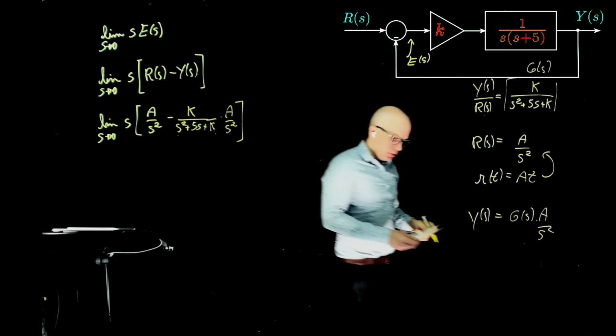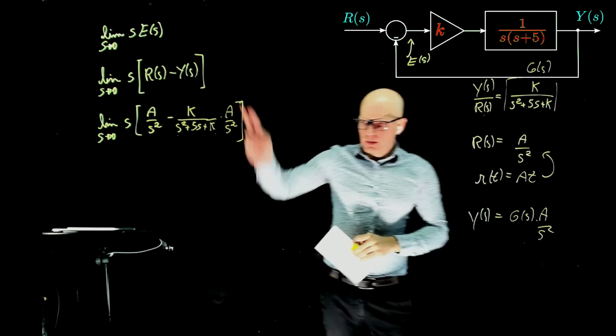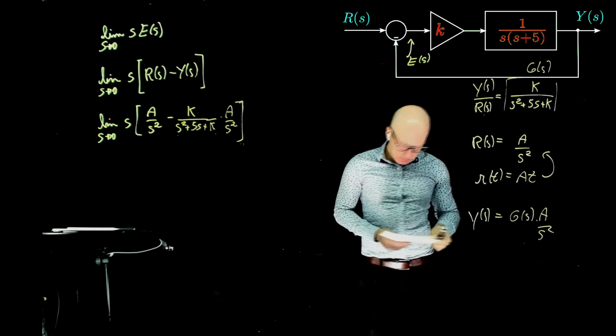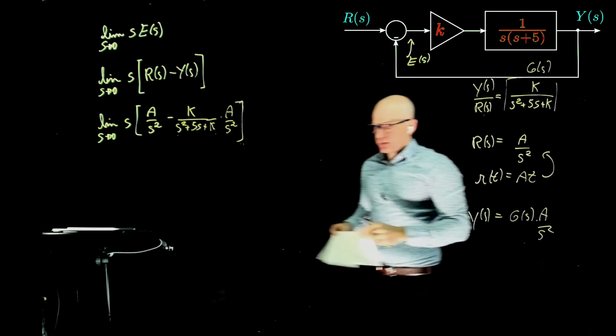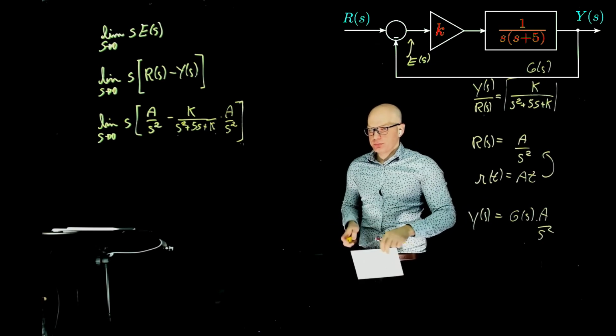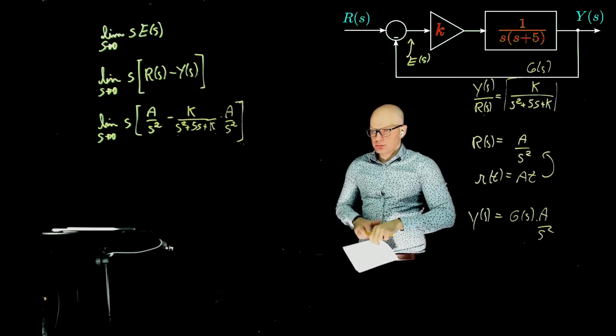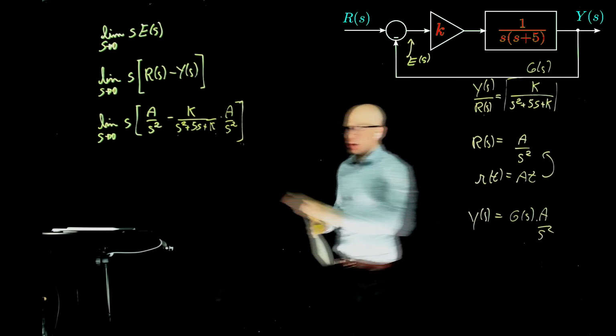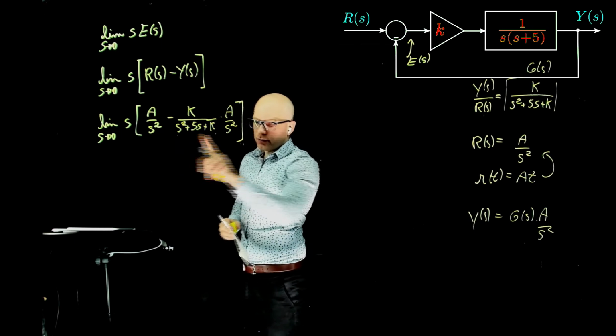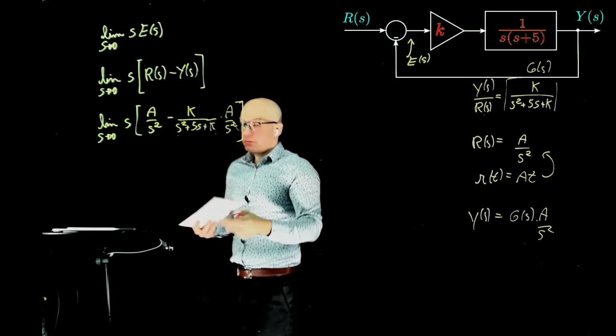Are there any questions? Does this make sense? Yeah. Right. Input transfer function times the input is the output. The difference is the error.